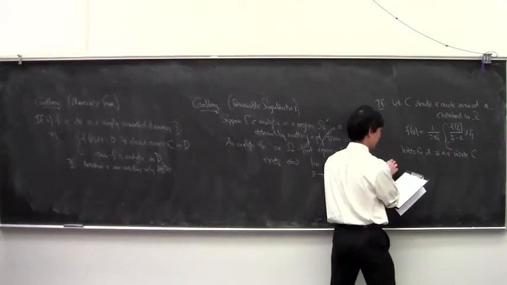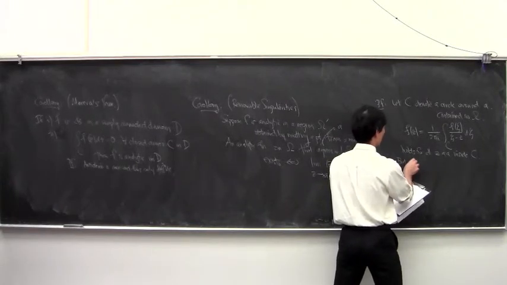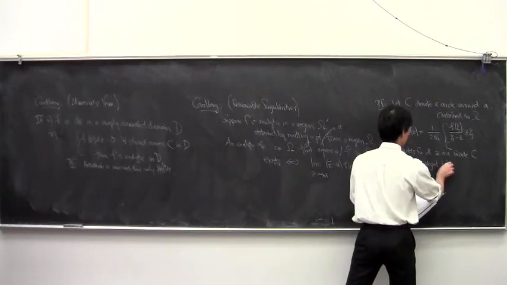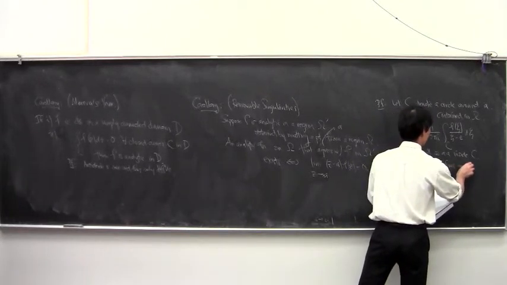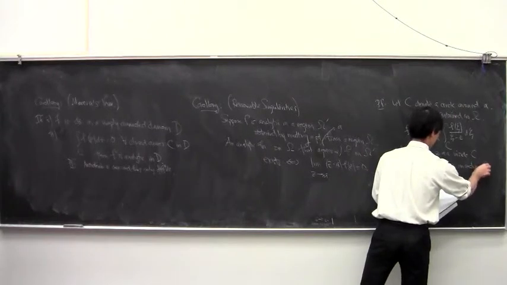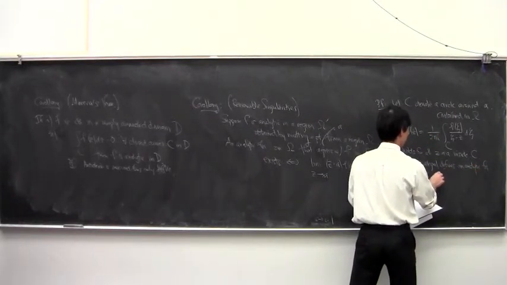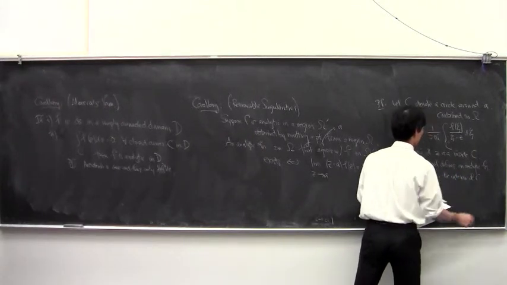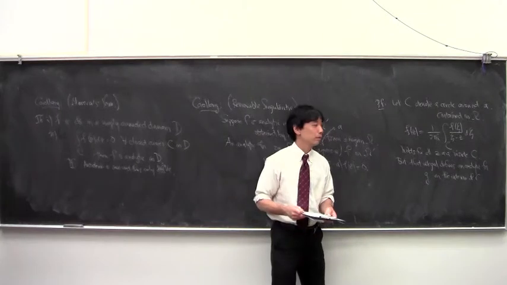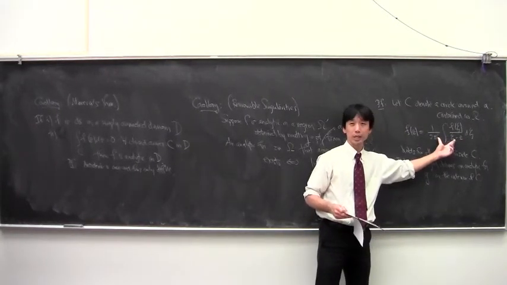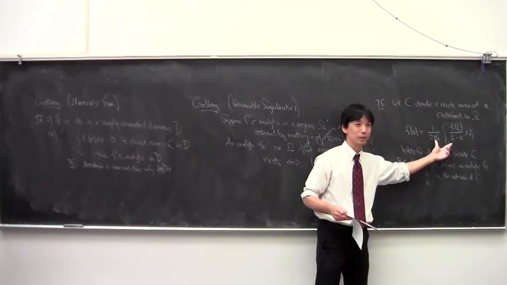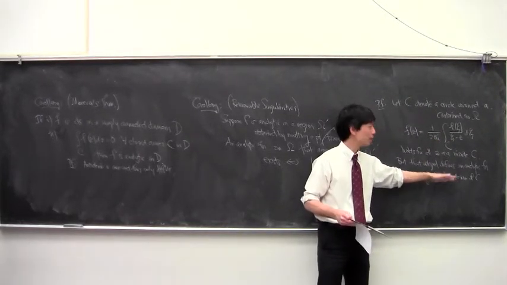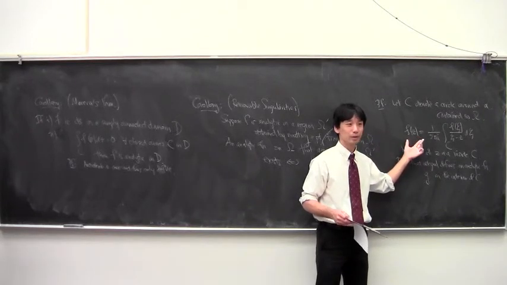But we just showed that that integral defines an analytic function G on the interior of C. Right. So if you call this thing G of z, then that is an analytic function on the interior of C that extends f.